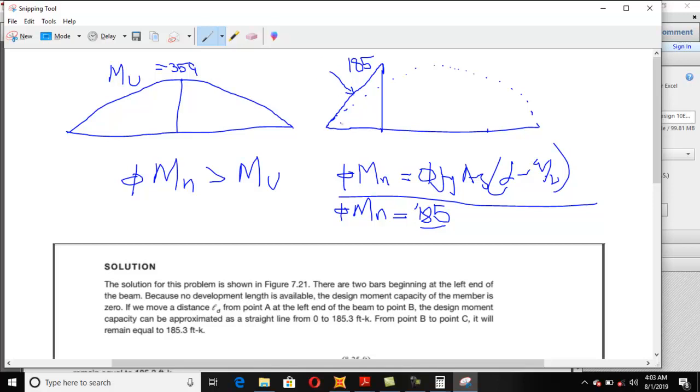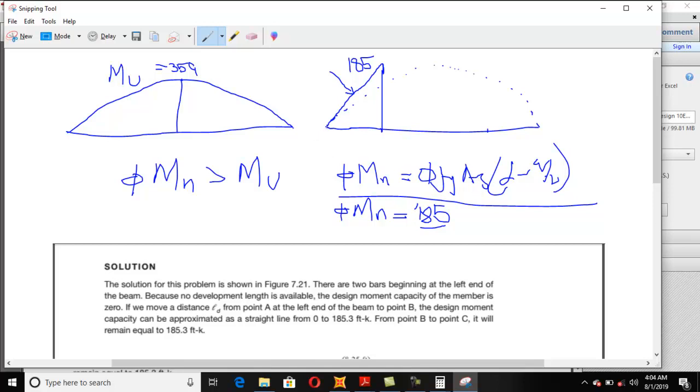Now remember, why is the moment capacity at this point 0? What is the reason? Because at this point also there are 2 bars, the same A, the same d, the same thing also exists here.